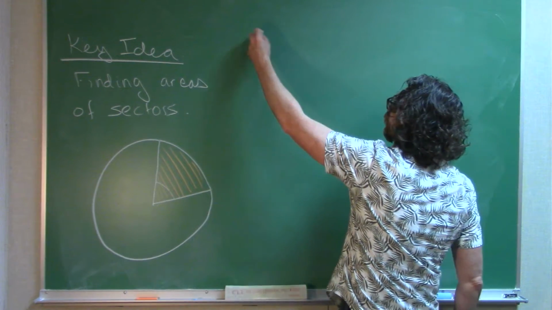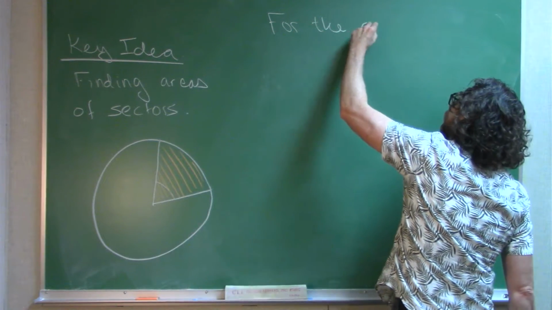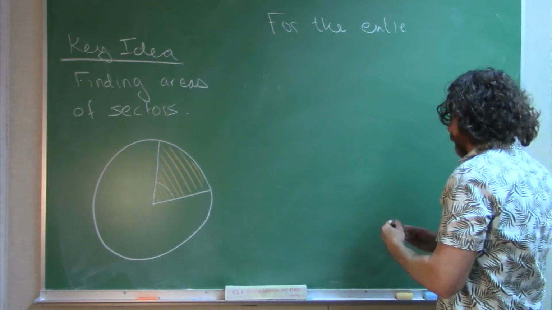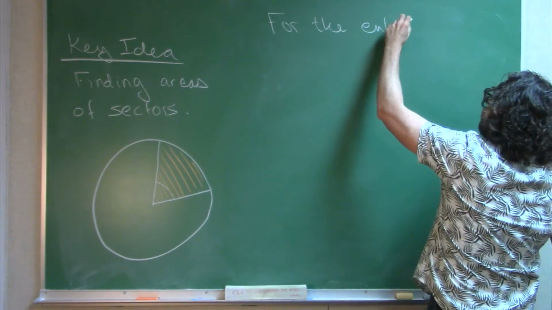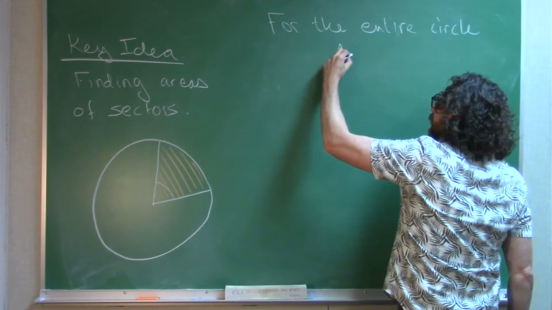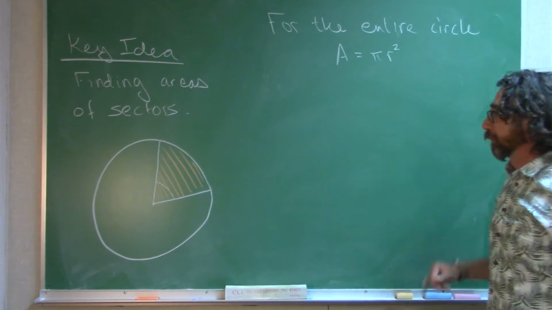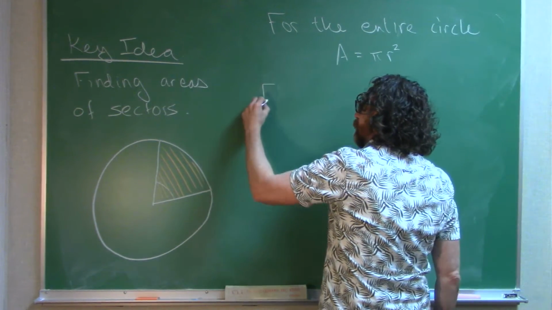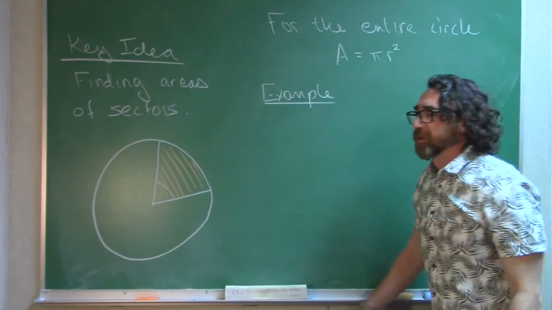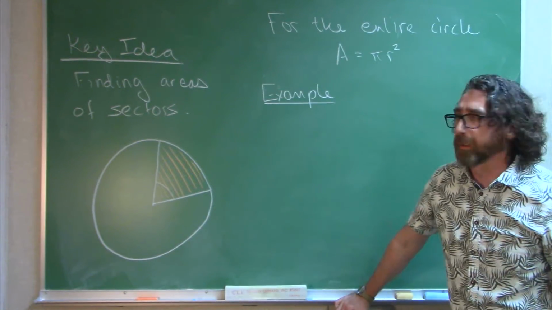Okay, so we know for the entire circle, the area is pi times the radius squared. Okay, so let's imagine not an entire circle, but I don't know, a 60-degree central angle.